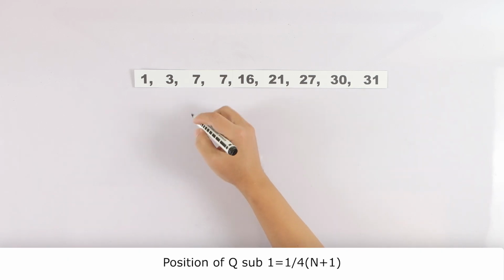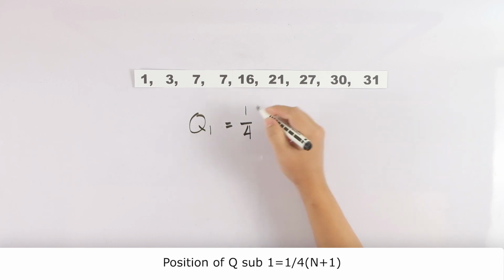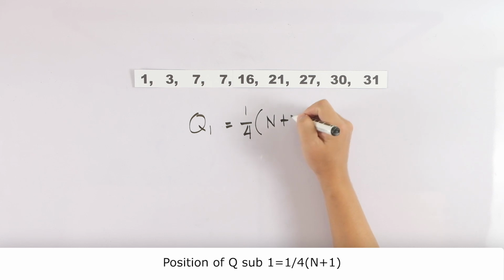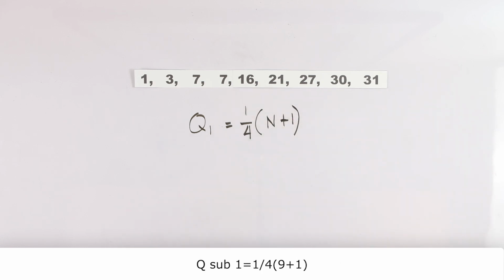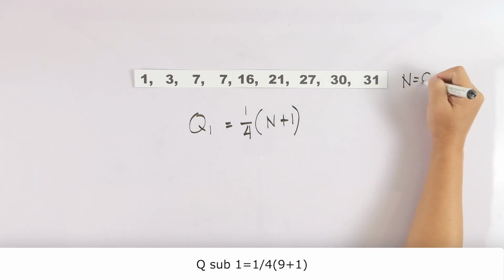So we can write Q sub 1 for quartile 1 is equal to 1/4 times the quantity of n plus 1. In the given set of data, our n has a total of 9.